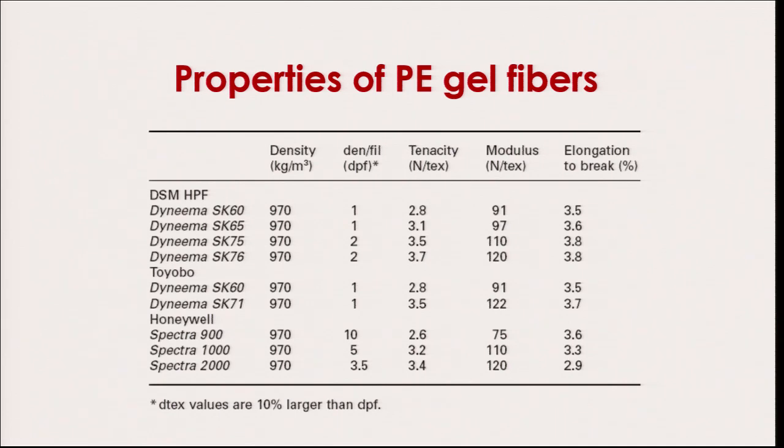And if you notice, it has a very low elongation at break. Can we think why it has a low elongation at break? It is because we have not left any folds at all. We have already extended it to the maximum possible degree. We have super drawn it.